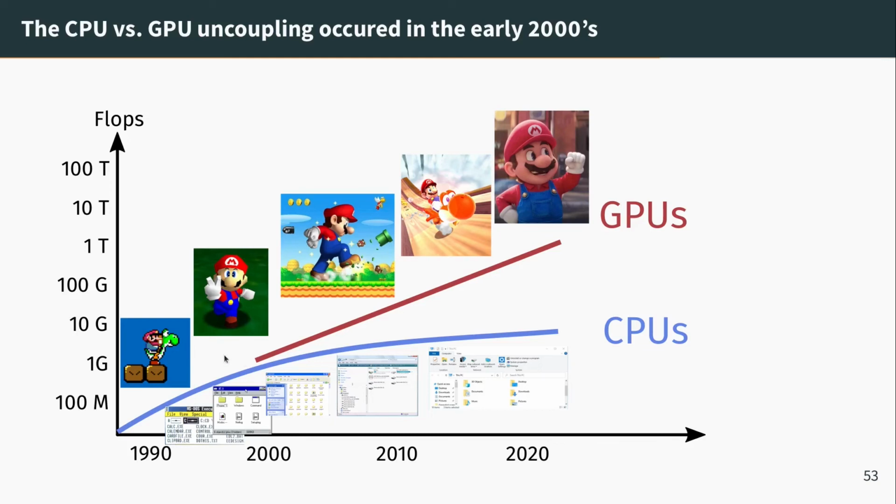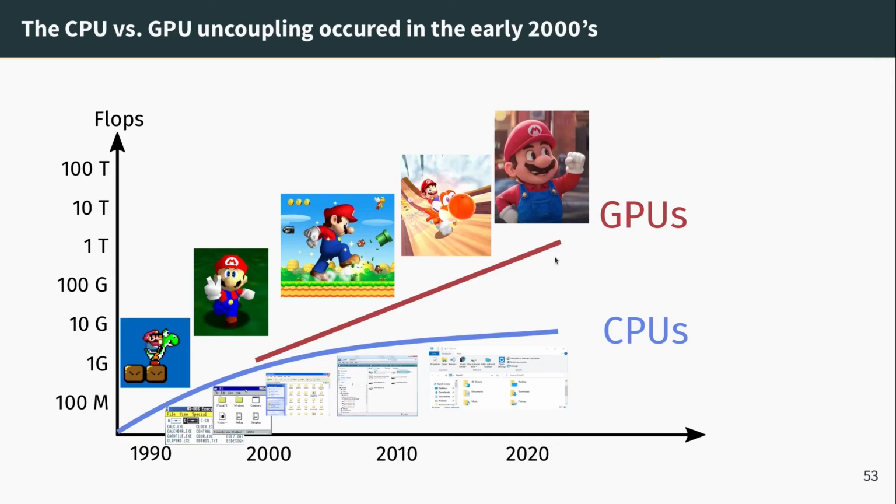Over the last 30 years, we've gone from 2D sprites to very polygonal Nintendo 64 graphics, then smoother, and now realistic or photorealistic renderings of Mario in real time. And this is really thanks to the exponential increase in computational power of GPUs.